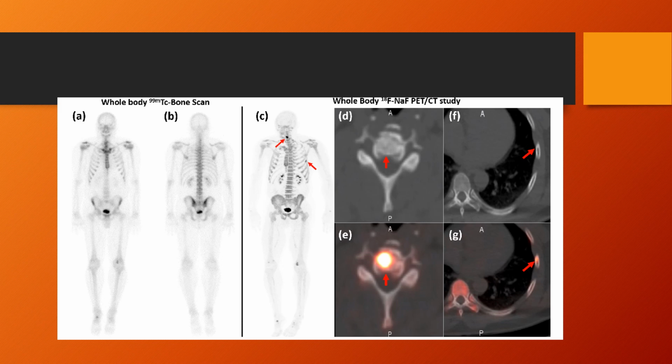But having the sodium fluoride PET CT study, it does correspond with something that is very faint on the CT, but lights up really well on the sodium fluoride study. And so this is a good example of metastatic disease that would have been missed if the sodium fluoride PET CT study had not been used for this patient.